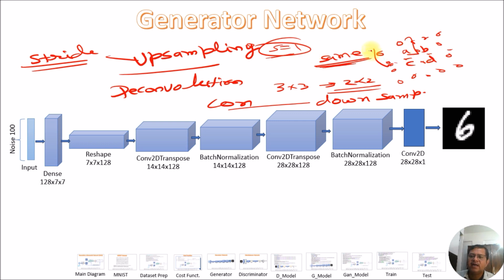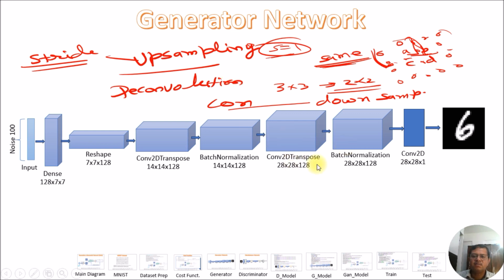But if stride equals 2, then we have to leave 2 points and then move to the next 2 points. The same we can do in the up direction, the left direction, the right direction, and the bottom direction. This is the way, and it affects the size of the image that we generate through upsampling.